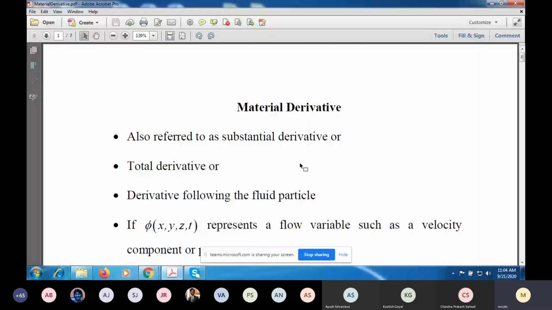So this quantity relates to rate of change of flow quantities for a fluid particle. So as a particle moves from one point to another in space, you want to know how the property of the particle changes. So since the identity of the particle remains the same, we call it material derivative.